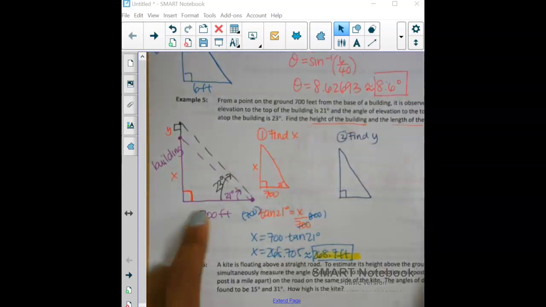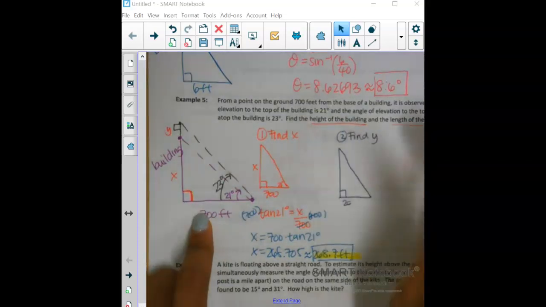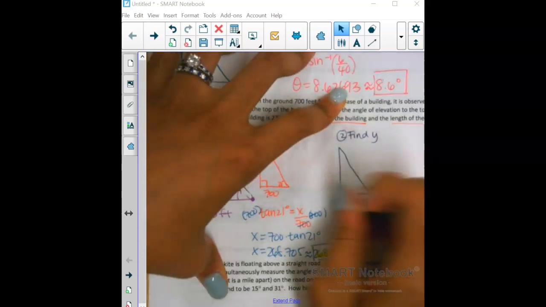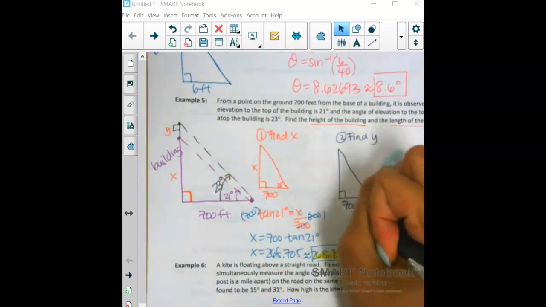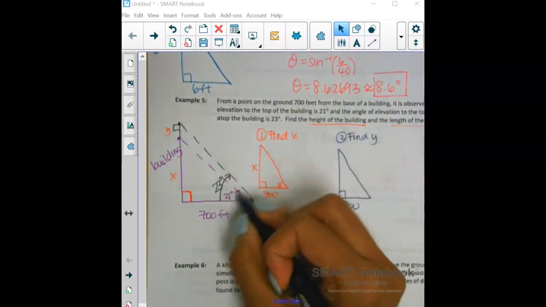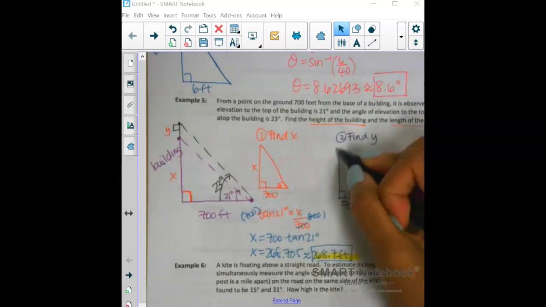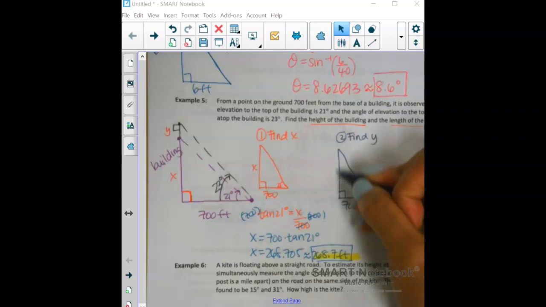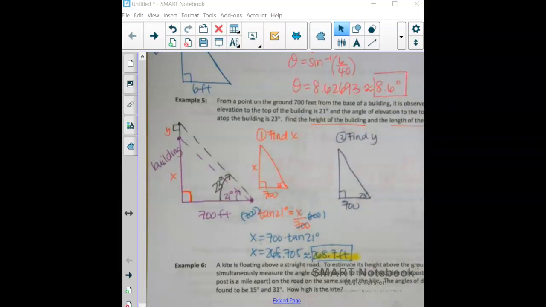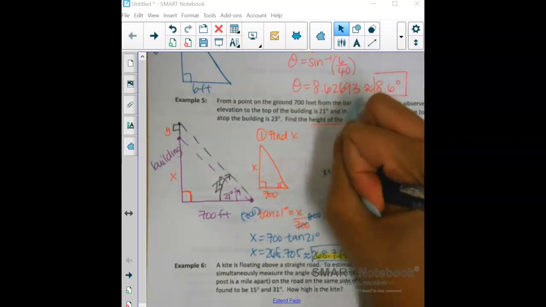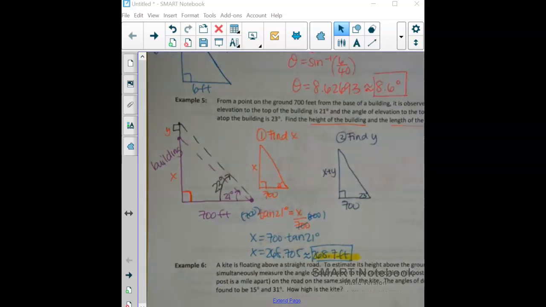In this large triangle, the base is still 700 feet. The angle of elevation is not 21 anymore. We're going to use 23 instead. This height, is this height x, y, or x plus y? X plus y. It's both, because that entire length is what I have for that entire building.